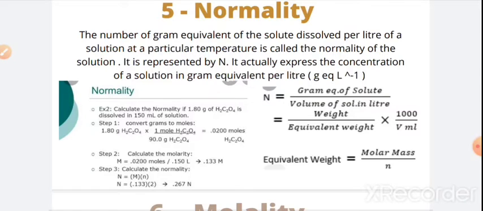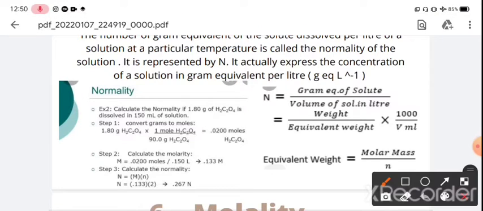So 1.8 gram by 90, which is the molecular mass of this molecule, will come to 0.02 moles. And if we calculate the molarity, that will be 0.02 moles by 0.15 liters, and it will come 0.133 molarity, or capital M.